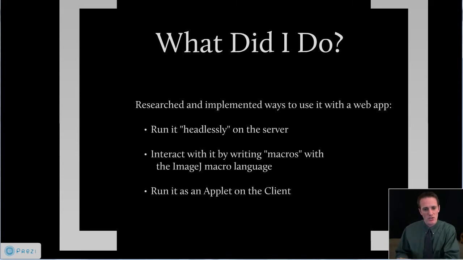Finally, once those images get shipped over to the client in their browser, I open them up using ImageJ or Fiji as an applet that runs in their browser, or at least is started from the browser, more accurately. And all the user has to have is Java on their machine, and then all of the code for ImageJ is from that applet.